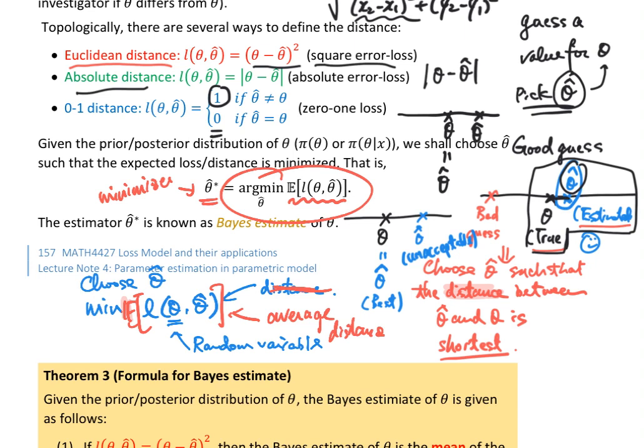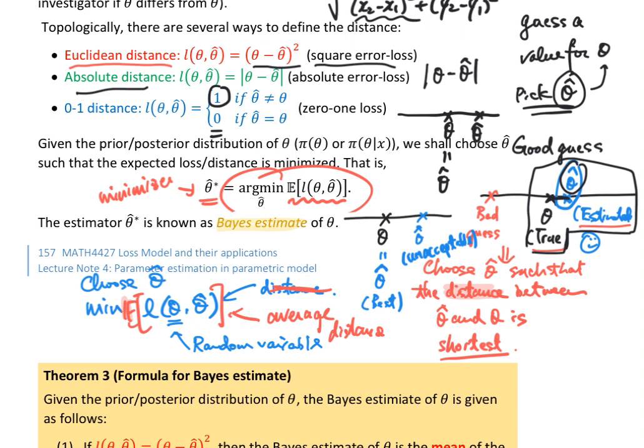This theta hat star will be what we call the Bayesian estimate of theta, which is the point estimator of theta that minimizes your selected loss function.